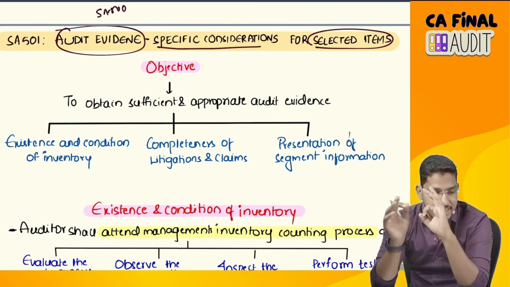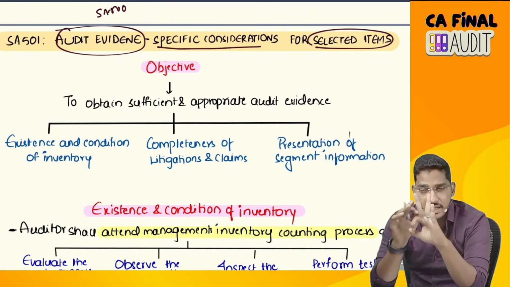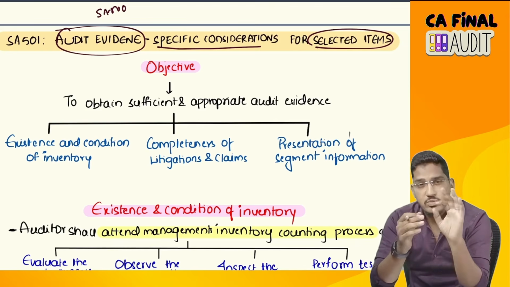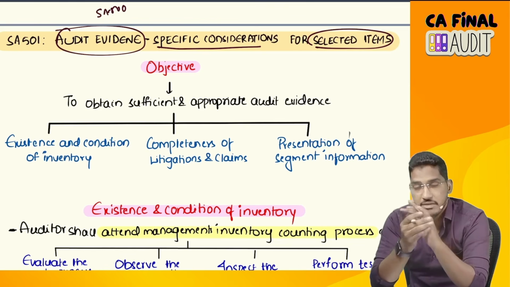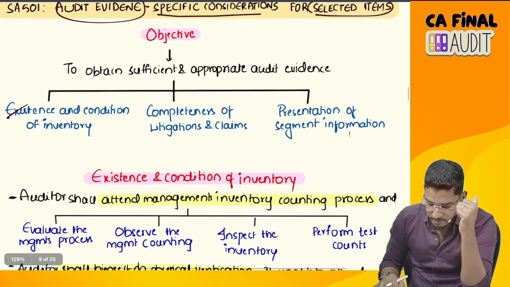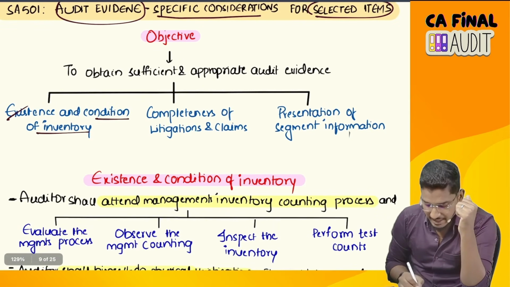This standard has selected 3 items where it gives special guidance to you. Sir, what are the 3 items? Number 1, how to obtain audit evidence regarding existence and condition of inventory.